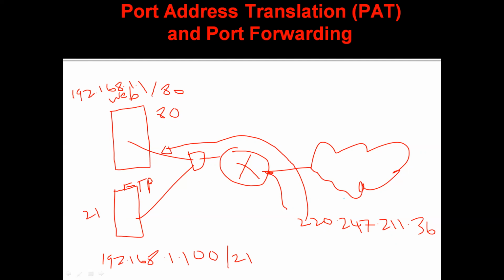Port forwarding, right? The public IP address maps to the web server's local IP address and port, and this IP address maps to the FTP server's local IP address and port. This is called port forwarding, right?